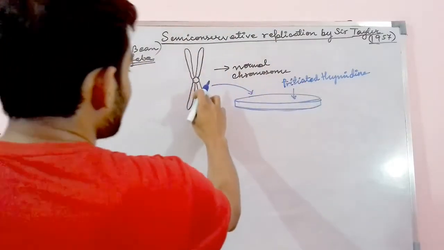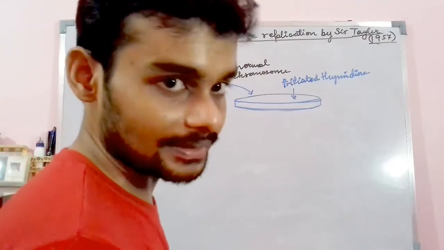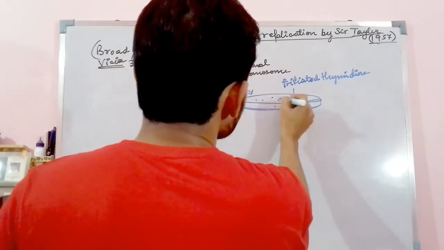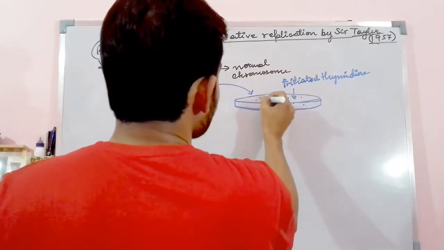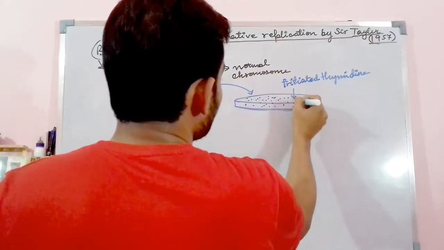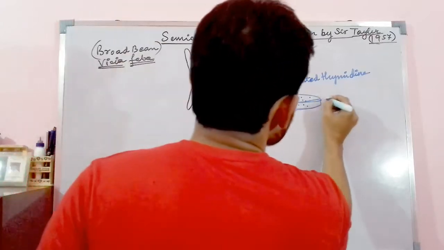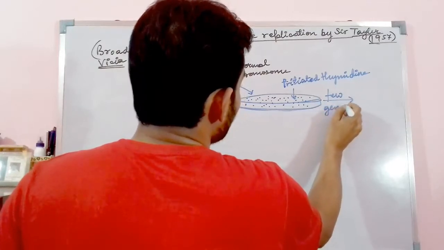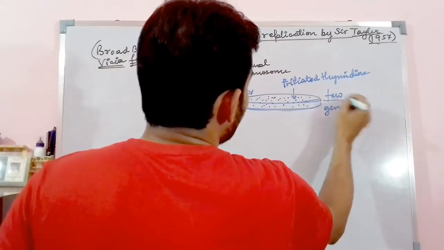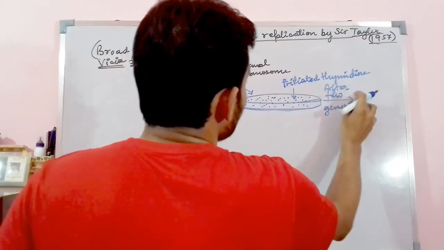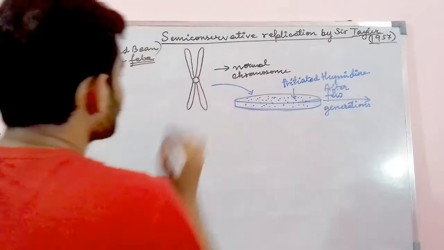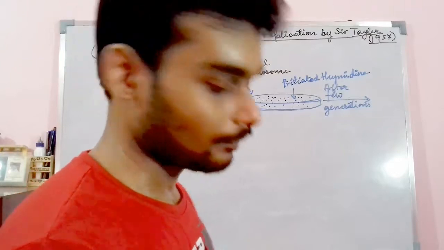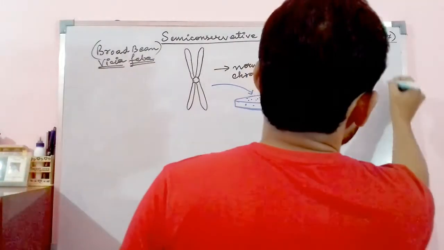Okay. Now these cells of the Vicia faba broad beans, when they were grown for a subsequent period of time in this culture medium containing the tritiated thymidine radioactive element, he observed that after a few generations, this Vicia faba chromosome converted into a radioactive form.